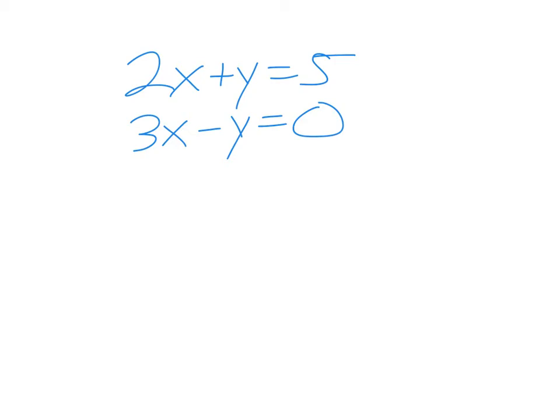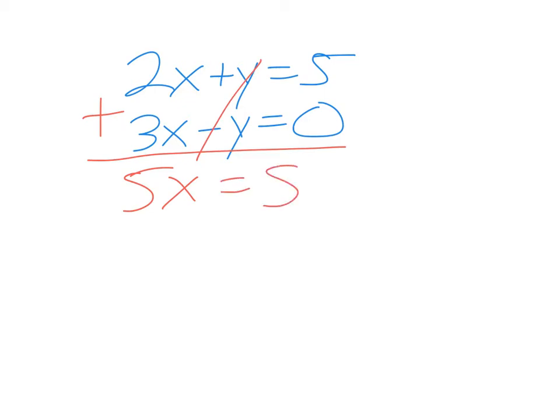Okay, let's see how you did. If you added your two equations together, you would have found 5x is equal to 5. You divide both sides by 5, and you get x is equal to 1.